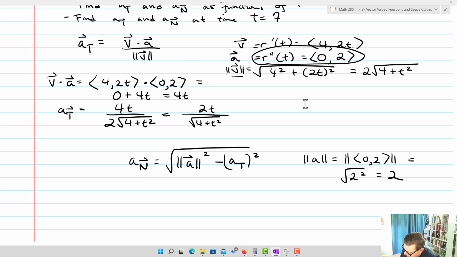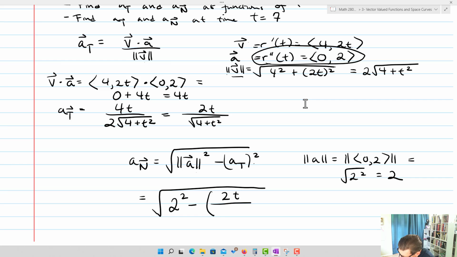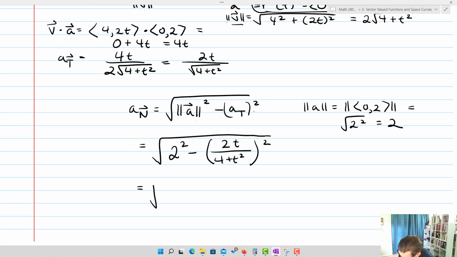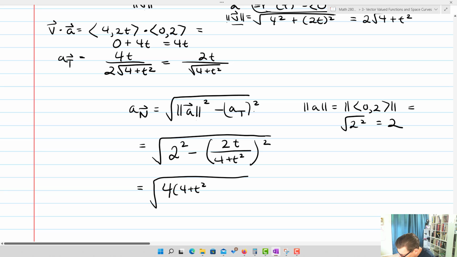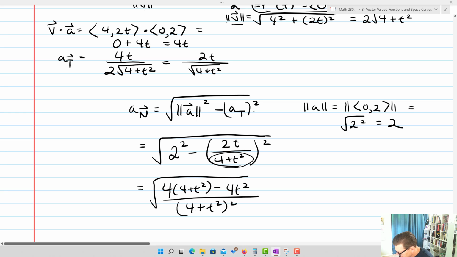And we know a sub t squared, so for our normal component, this is going to give me the square root of 2 squared minus (2t over the square root of 4 plus t squared) squared, which equals the square root of 4 times (4 plus t squared) minus 4t squared, divided by 4 plus t squared. And all I did there was use a common denominator.